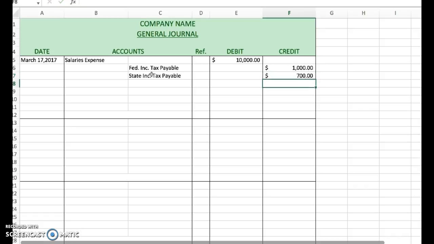So we will have to deduct from that $10,000 that the employees earned another $700 to pay their state income tax. So it's their money, but we're holding on to it, and eventually we're going to pay it for them. Another account is credited.